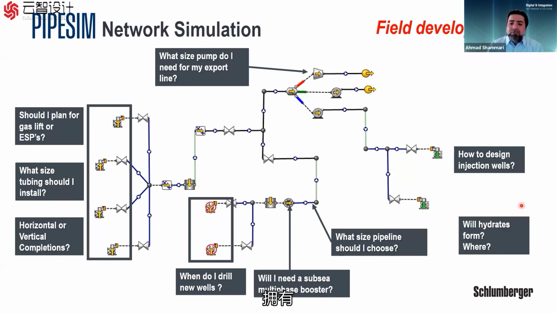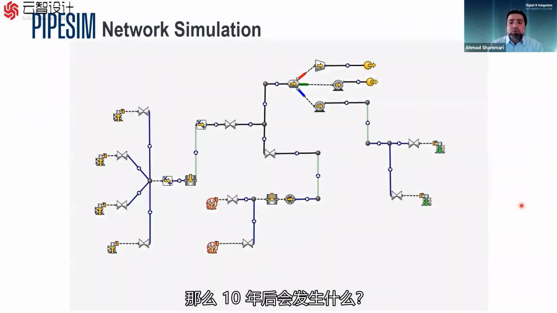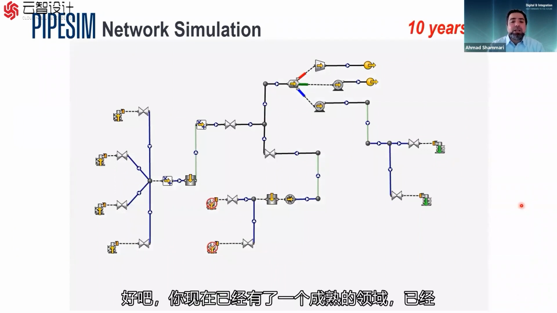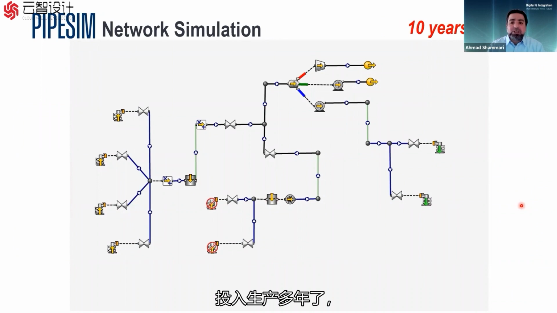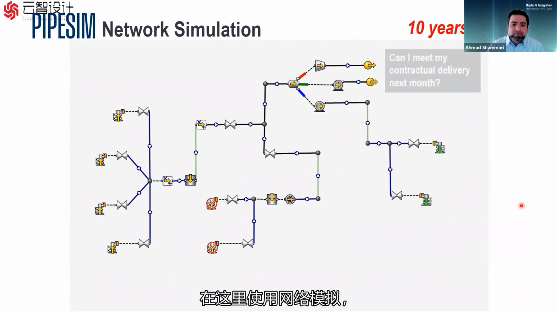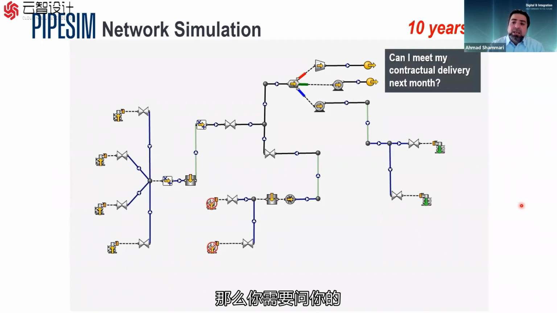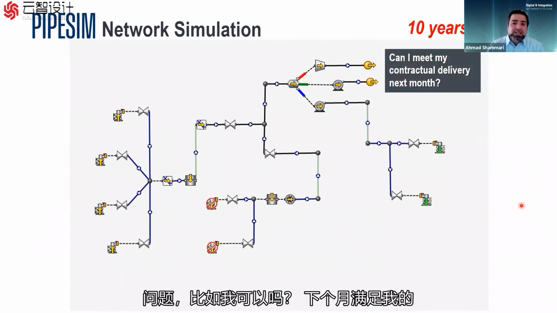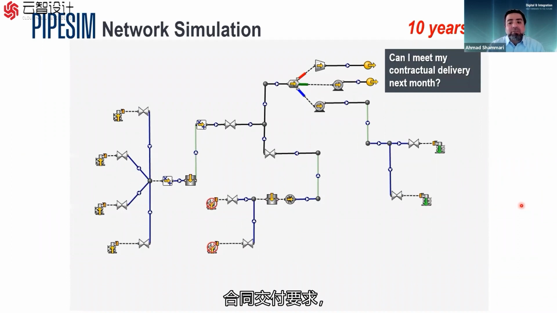Now, after I have my field and the field is in production, then what will happen 10 years later? Okay, you have a mature field now that has been in production for many years. Now, how can you use the network simulation here? Then you need to ask your questions such as, can I meet my contractual delivery next month?